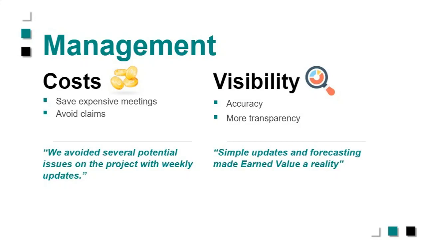just being able to see issues in advance saved a lot of cost, and the visibility and understanding the real earned value, especially if you're using the physical percent complete, it can be a real game changer. I don't know if any of you have experienced that your packages in engineering get to 80% and then they stall out and they stay at 80, they stay at 80, they stay at 80.